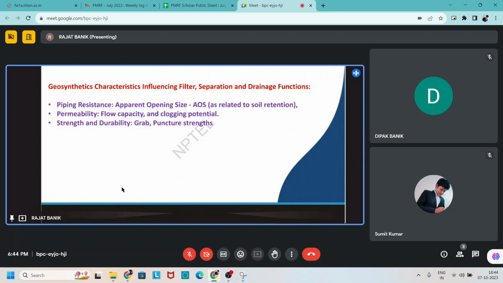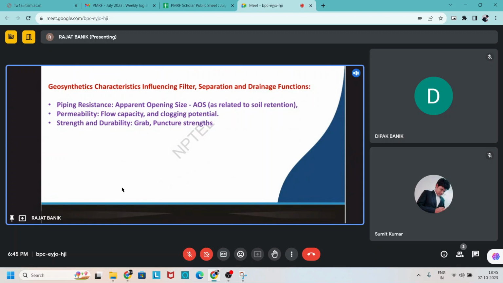So for this piping resistance, we need to check the apparent opening size, because it is mostly used for the retention of the soil. We know that when we use geosynthetic material, due to the construction of these different types, there may be pore space in between this geosynthetic material, and we can say this is the opening space in the geosynthetic material.